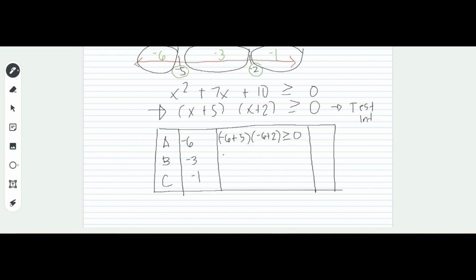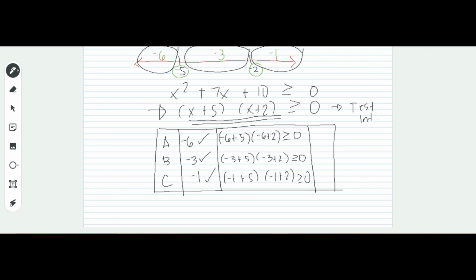And then, we have here negative 3 plus 5, same thing, multiply to negative 3 plus 2 is greater than or equal to 0. And then the other one is negative 1 plus 5 times negative 1 plus 2 is greater than or equal to 0. Again, saan galing yung mga yan? Dito lang po. Ito yung test interval natin. Sinubstitute natin itong ating mga test numbers sa ating test interval. Ito yung kinalabasan. And then, let's find out what the answer is.